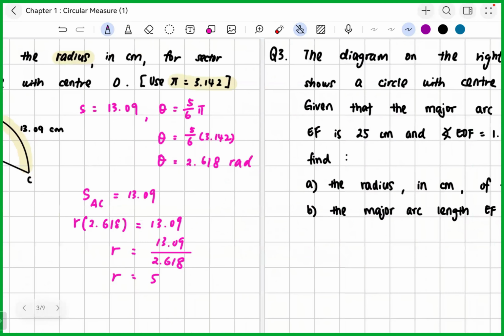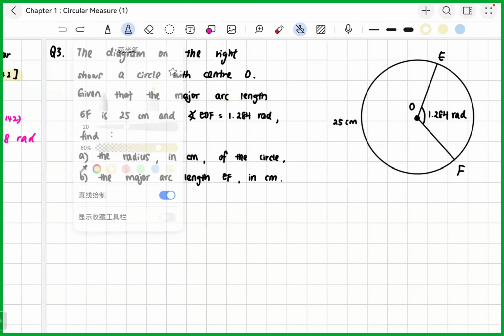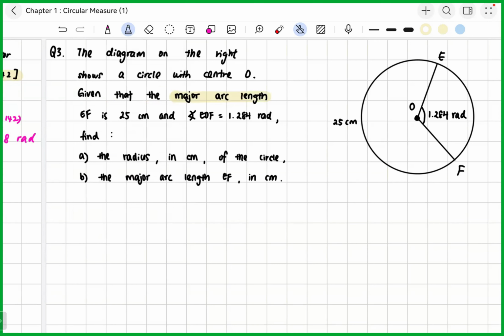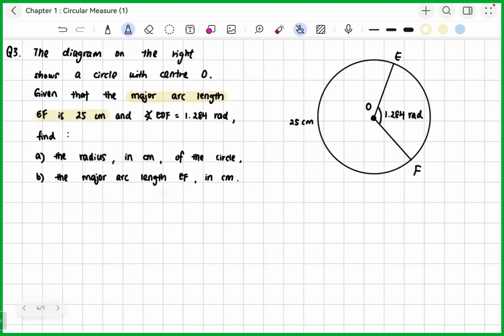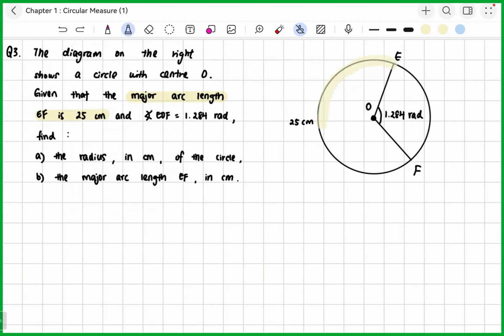Next, question 3. The diagram on the right shows a circle with center O. It is given that the major arc length, guys, be careful, the major arc length EF is 25 cm. Major means the longer one, which is over here, the line that I shaded using yellow color.